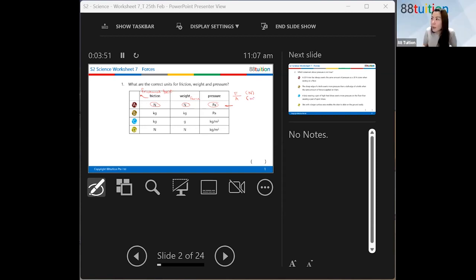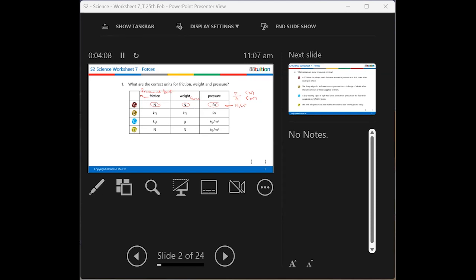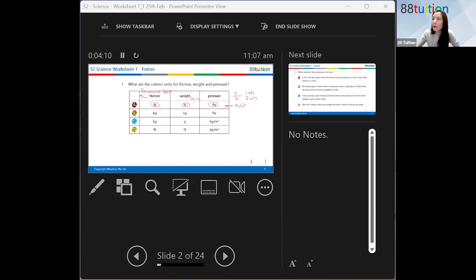Good. So another way of representing pressure will be Newton per meter squared, because force is Newton. So you all can write down on your notes or on your worksheet.